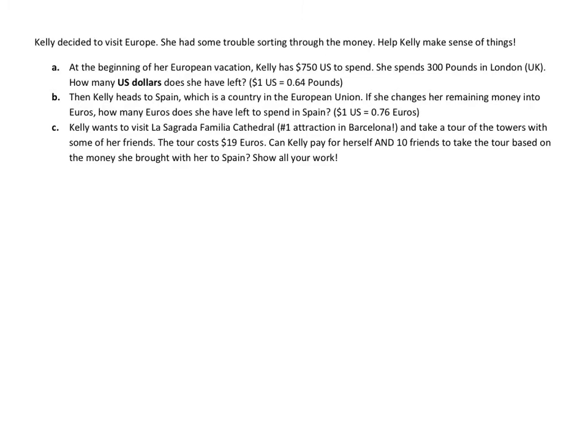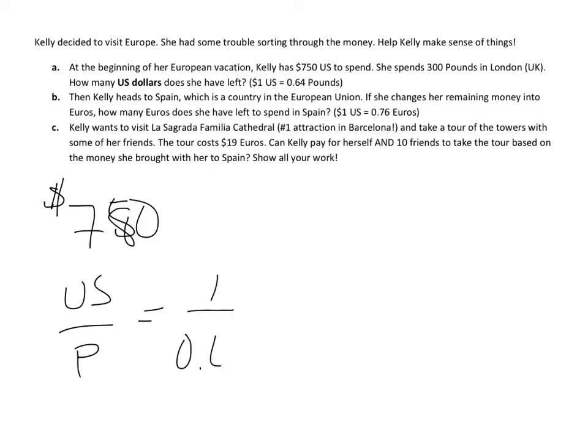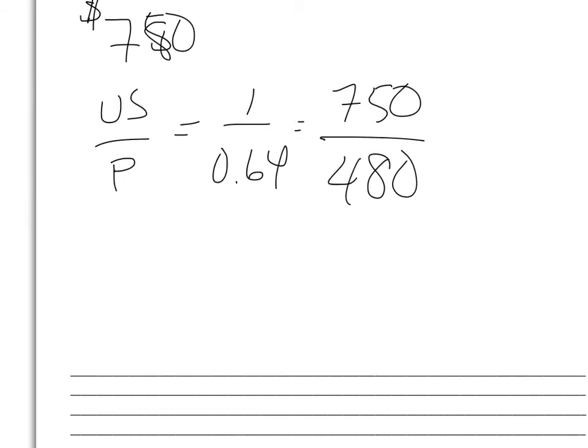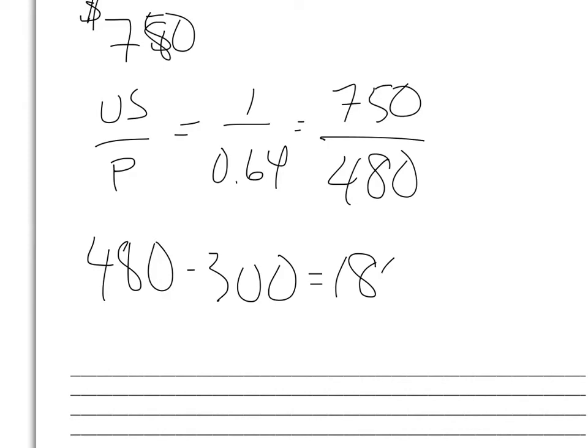Finally, last one right here, Kelly. This has to do with setting up currency exchanges. I know that she has 750 US dollars. If I use my currency exchange, I'm going to do US dollars over pounds. I know it's 0.64. If she has 750, that means she has 480 pounds. If she spends 300 pounds, I take 480 minus 300, which gives me 180 pounds.